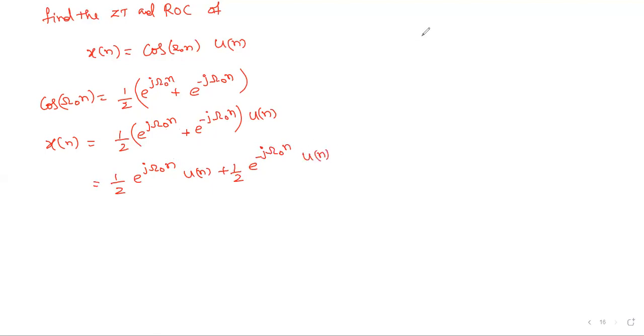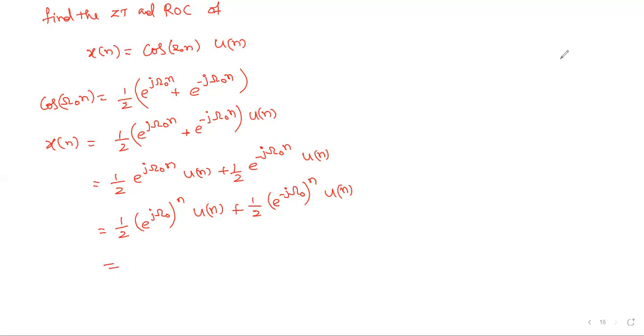You can take 1 by 2 outside, no problem, or you can keep it. Now this is 1 by 2 e power j omega naught whole power n into u of n plus 1 by 2 e power minus j omega naught whole power n into u of n.